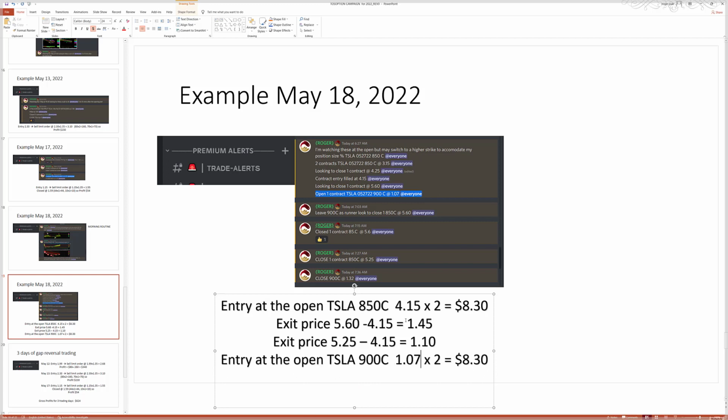I only got one contract, and that goes at 1.35.